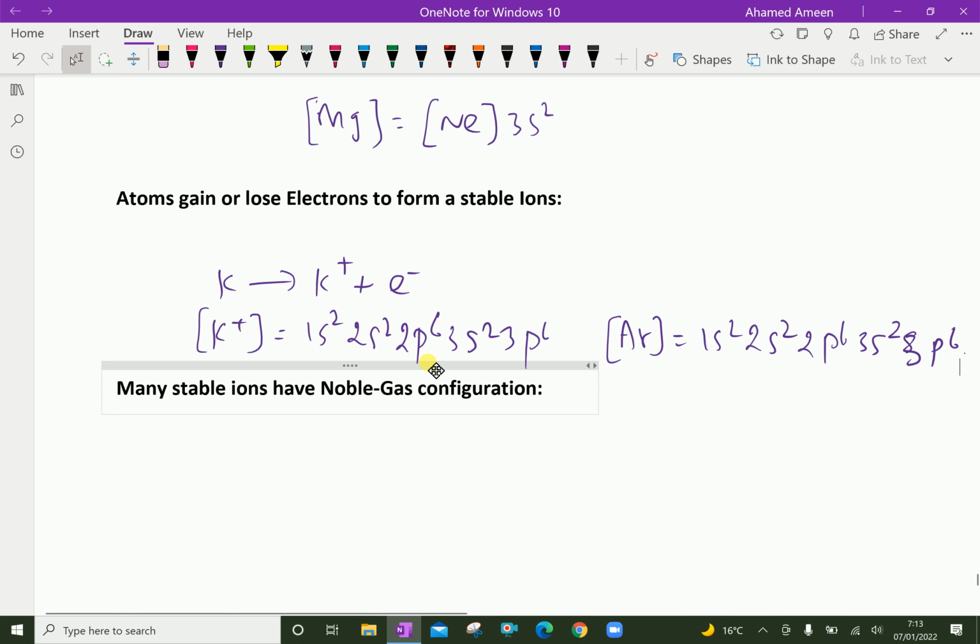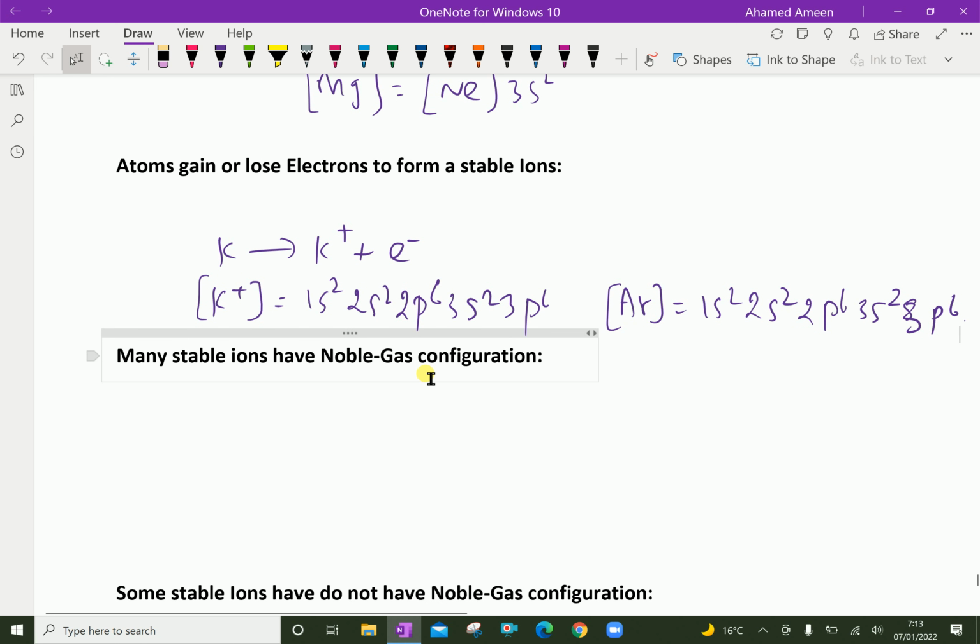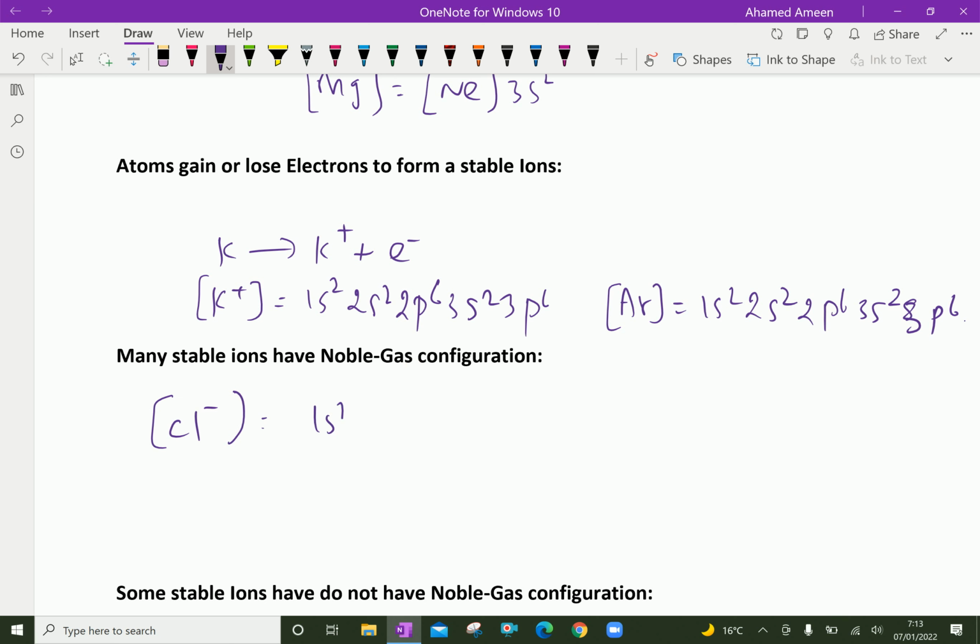A chlorine anion has an electron configuration just like the noble gas argon. Look here, chlorine negative ion becomes 1s2, 2s2, 2p6, 3s2, 3p6.